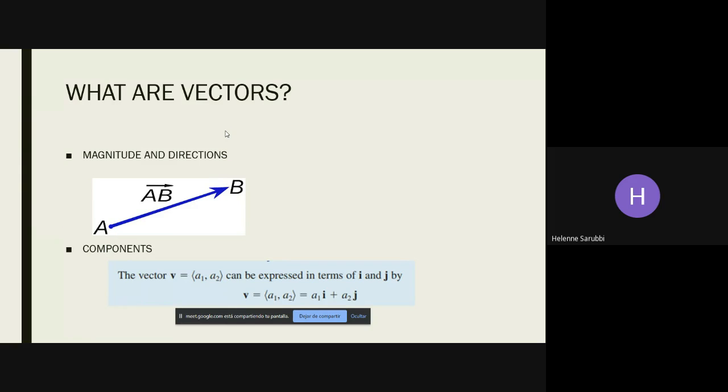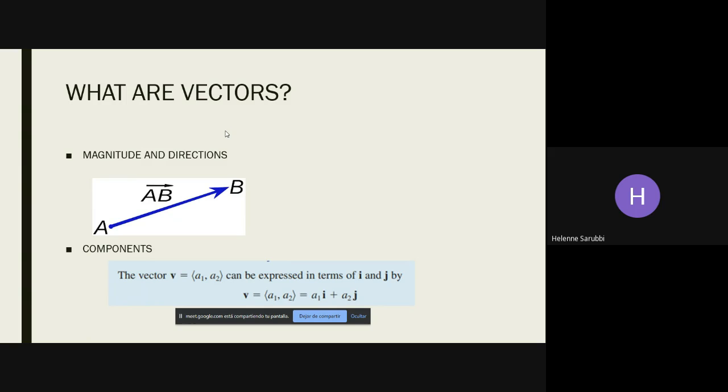A is the initial point and B is the terminal point of the vector AB. I must also clarify that a vector quantity has a direction and a magnitude, while a scalar has only a magnitude and no direction. So scalars are just numbers.